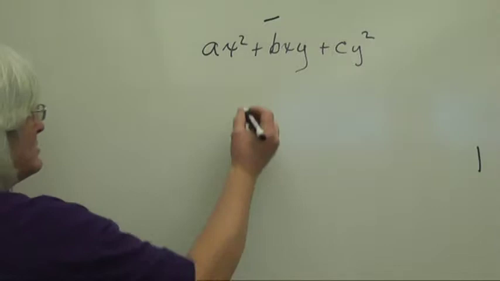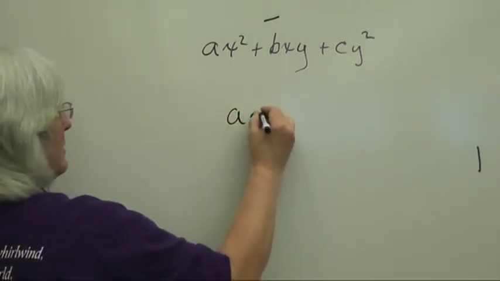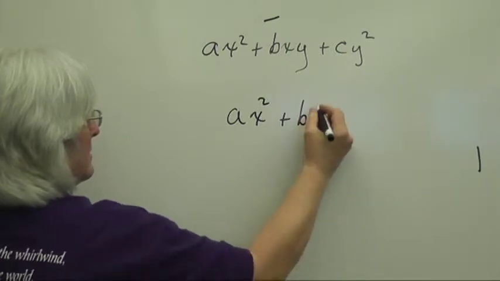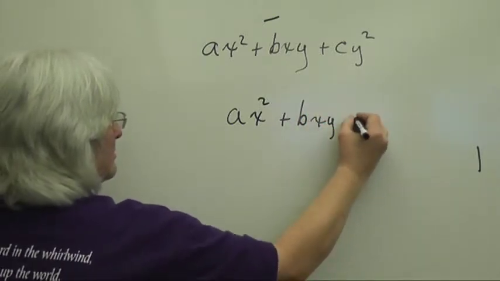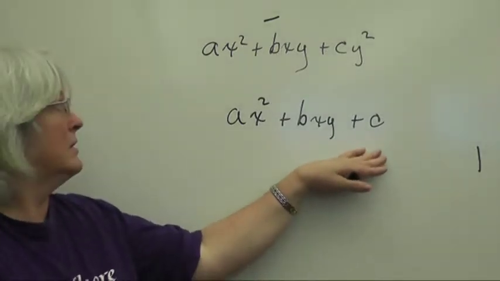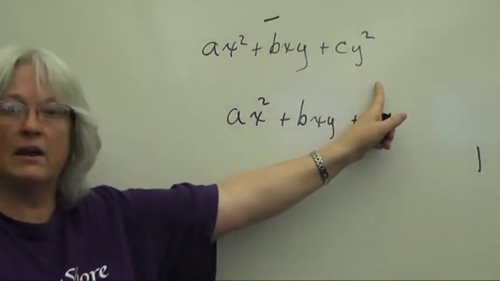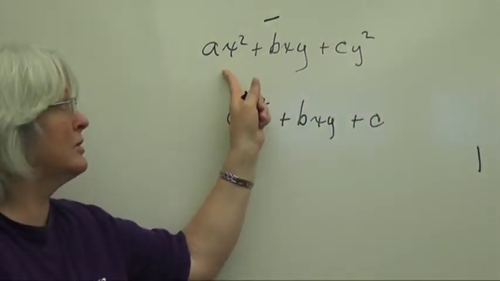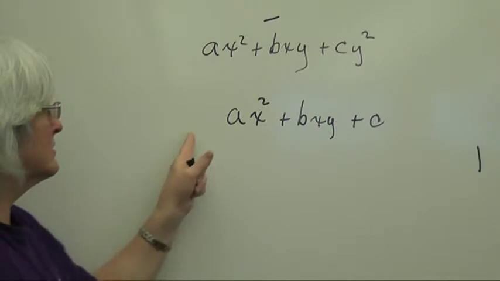We had the pattern that said we're going to factor trinomials that look like this. The only difference here is that we've added a second variable. We have a variable in the first term and a variable in the last term.